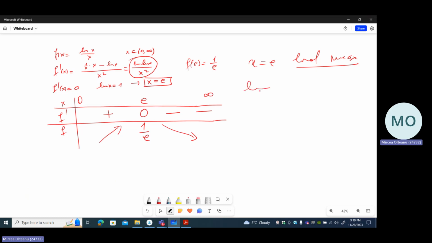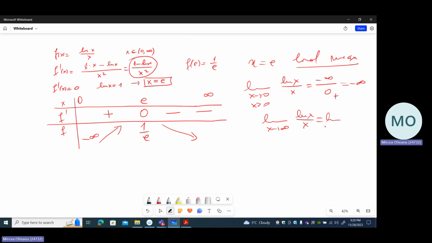One can compute also the limit at 0 of logarithm of x over x. That is minus infinity over positive 0, because x tends to 0 through positive values, so it is minus infinity. While the limit at infinity is infinity over infinity.